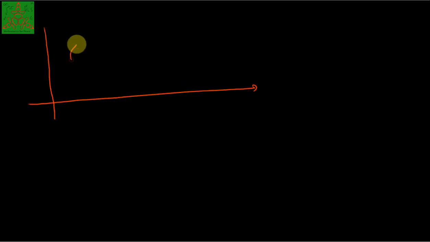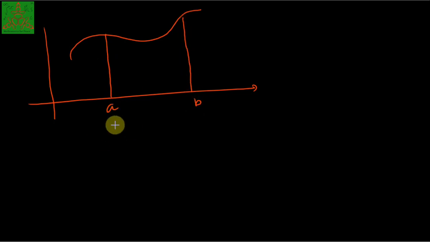As we know, if I have the graph of the function in this manner, and this is the interval AB, and I divide this interval AB into n sub intervals, let's say this is x0, then next one x1, x2, and so on, and the last point is xn.